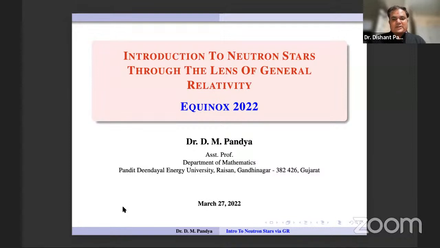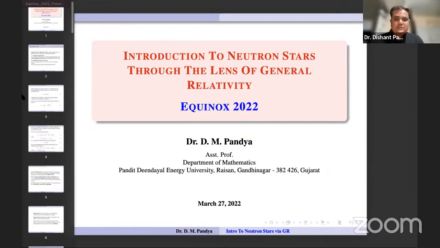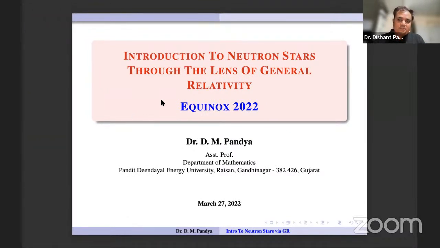These are the fundamental concepts that we require while dealing with research. So in today's talk, I will give you briefly a glimpse of the research work and how we can carry out the research work in the field of general theory of relativity, and especially towards the neutron stars.